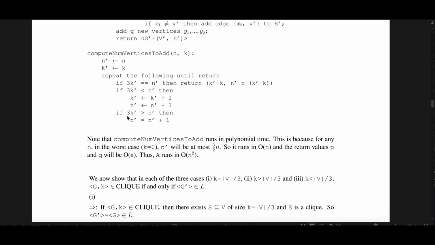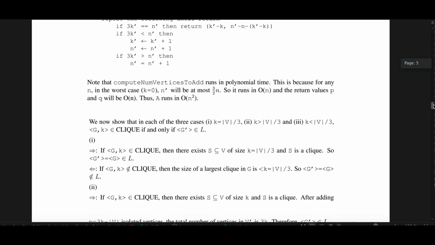If 3k plus is larger than n plus, then n plus is increased by 1. Note that computing the number of vertices to add runs in polynomial time. It is because for any n, in the worst case k equals 0, n plus will be at most 3 over 2 n, so it runs in O(n), and the returned p and q will be O(n). Thus, the algorithm runs in O(n squared) time.